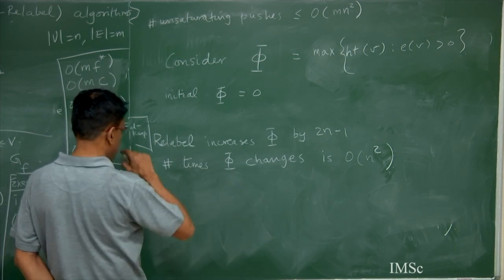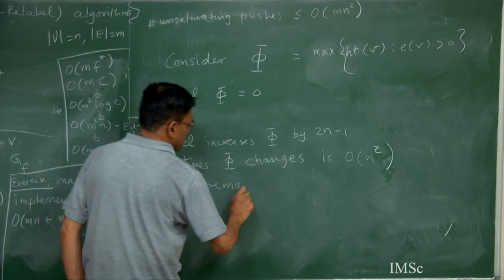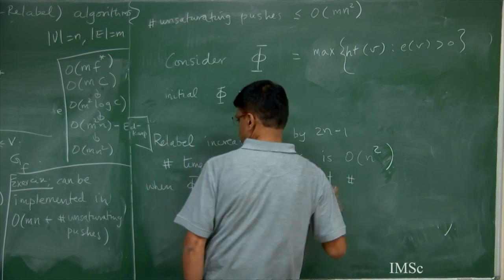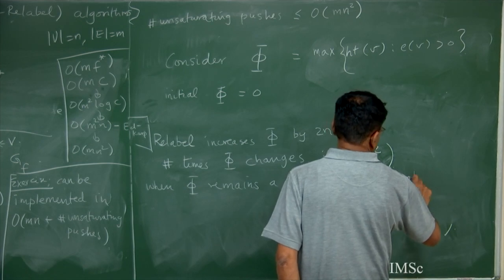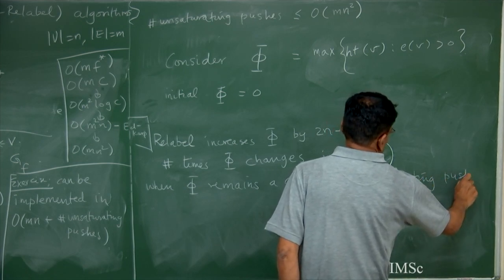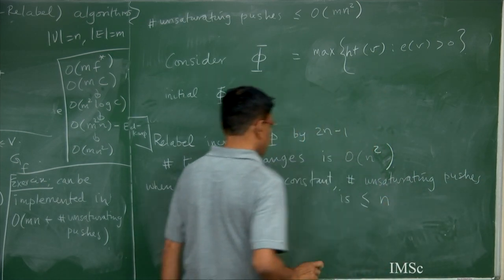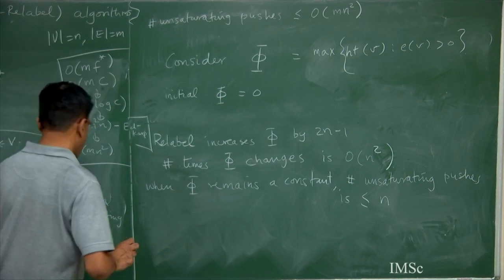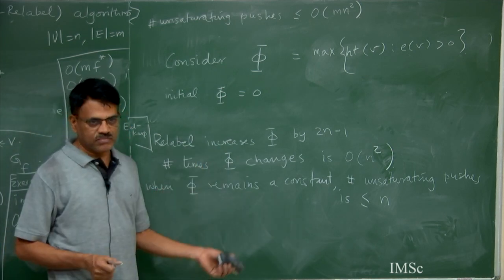Now, I claim when phi remains a constant, the number of unsaturating pushes is at most one per vertex.